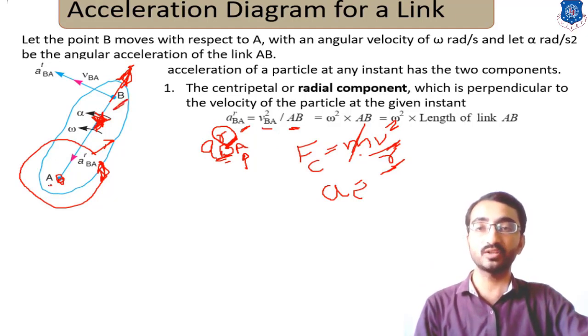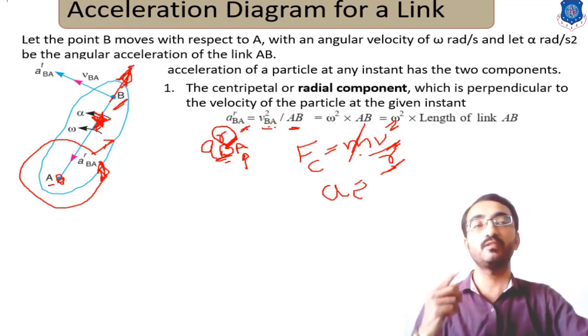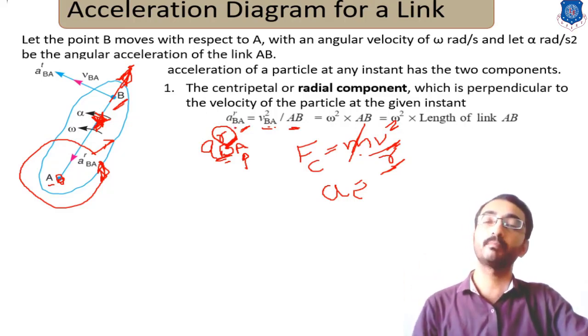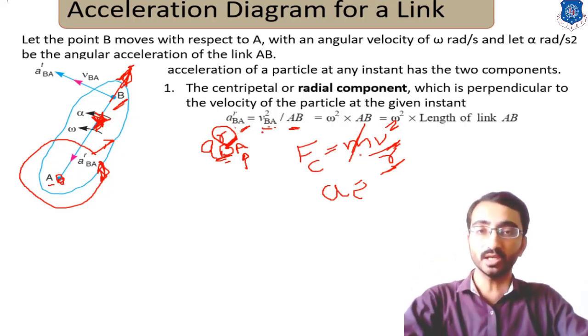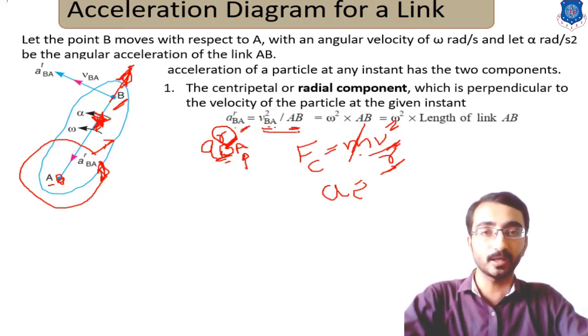Here AB is the length of the link, so we can say v square by AB, where we mention v_BA squared, the velocity of B with respect to A, because we want to calculate the acceleration of B with respect to A.